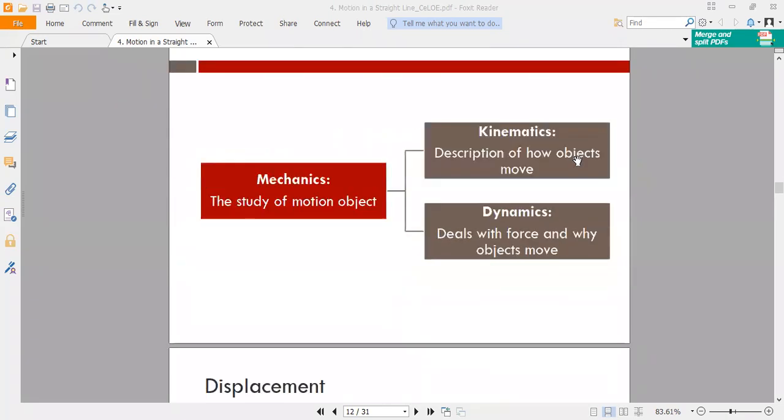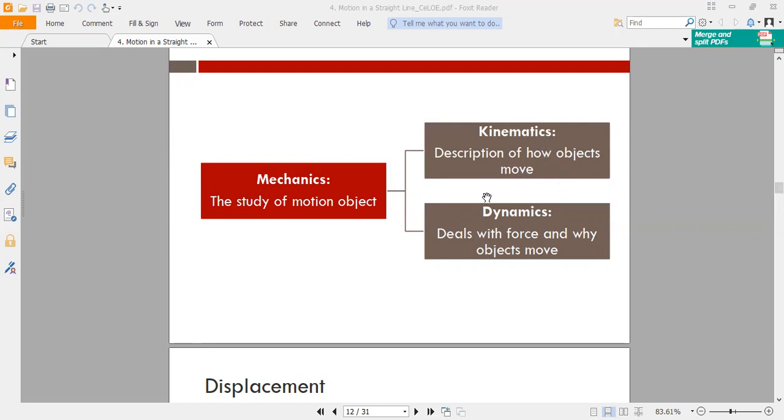Now we are going to learn about mechanics. Mechanics is a branch of physics that studies the motion of objects. In mechanics, we have kinematics and dynamics. In kinematics, we just consider that the object is moving with a certain velocity and a certain position, but no force.